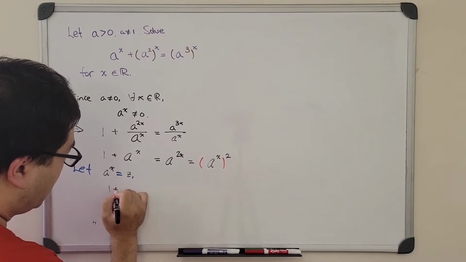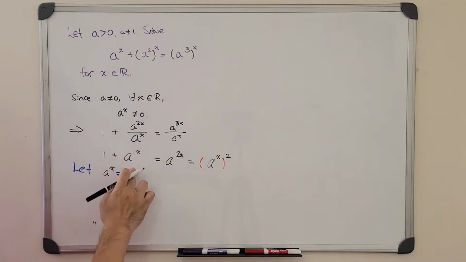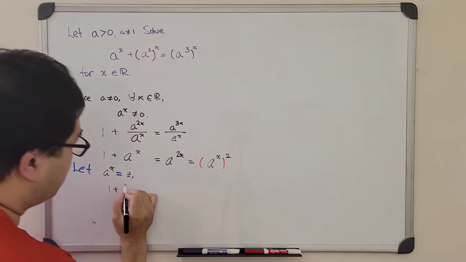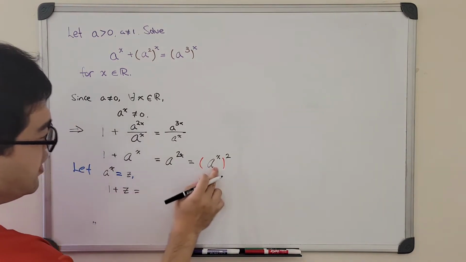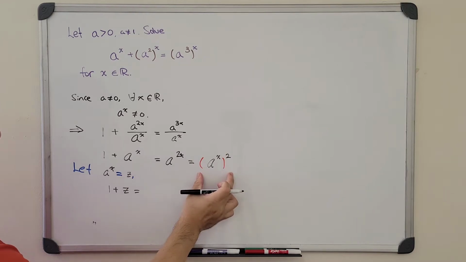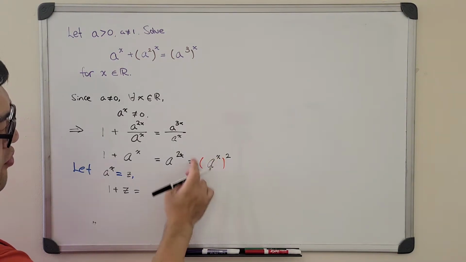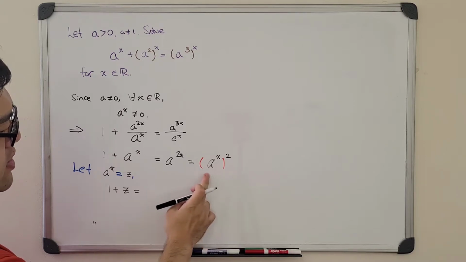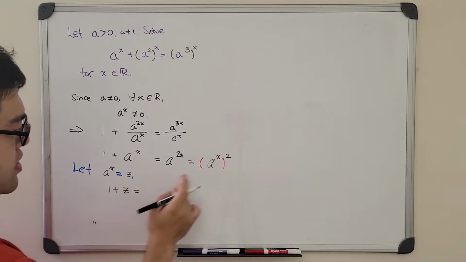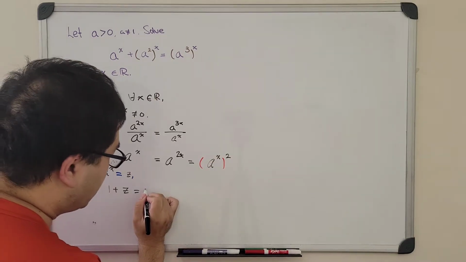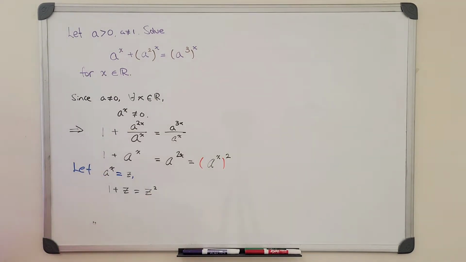We get 1 plus, we see the a to x power, we're going to replace it by z, equals the right hand side, and since we have rewritten this term into the following, we now get the inside that is replaced by z to the second power, meaning we have z squared.